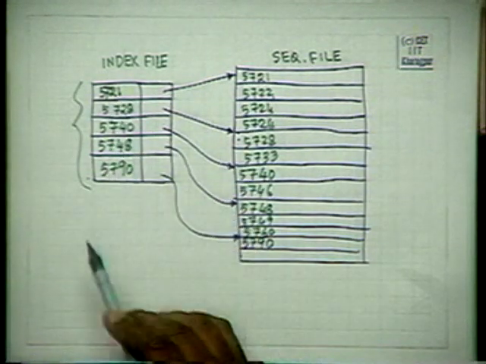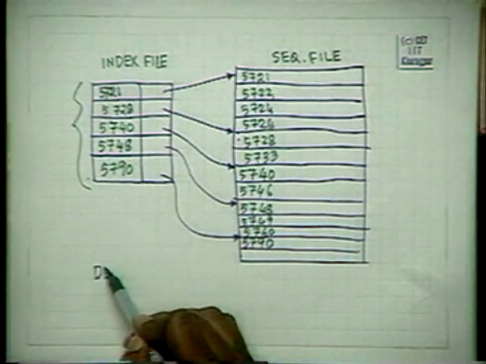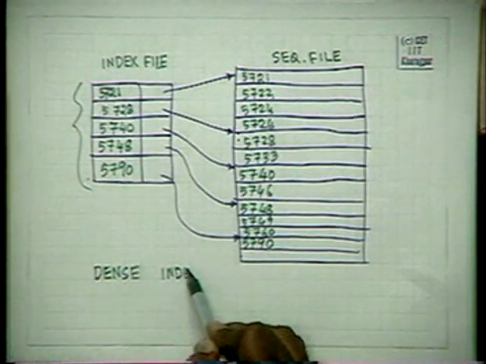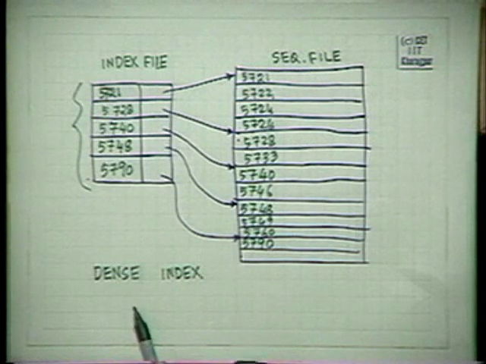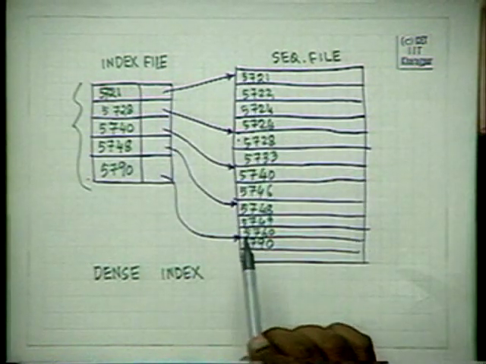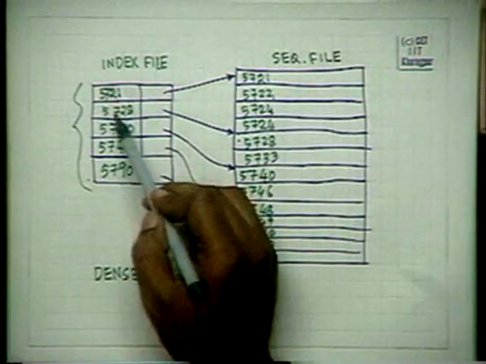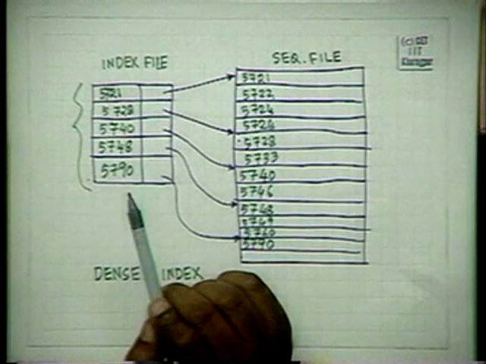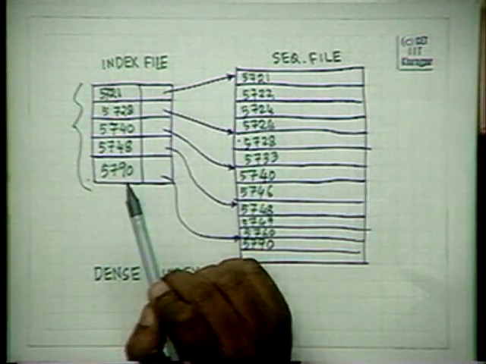Now, this indexing may be what is called a dense index. A dense index means all the elements which are here. This index may be done by a primary key, or even a part of the primary key. Suppose the primary key has got 3 attributes.